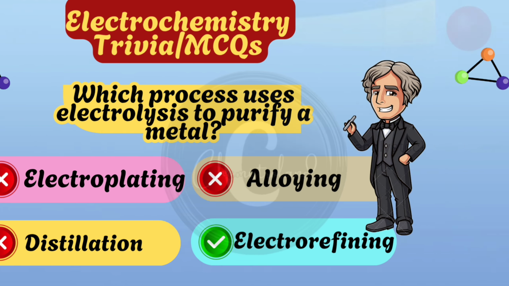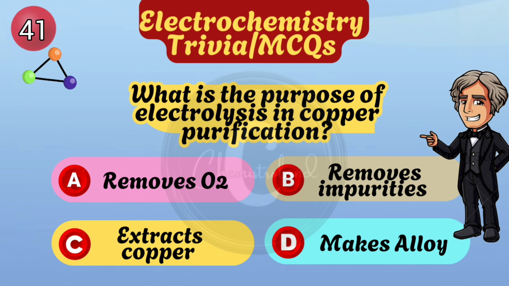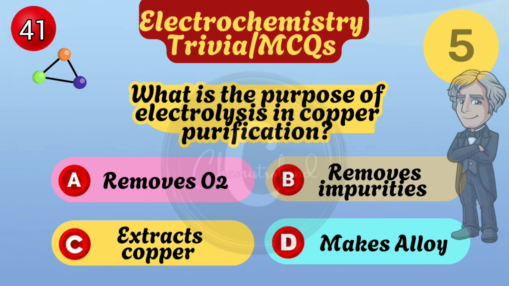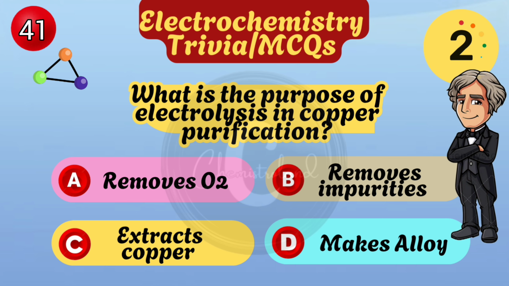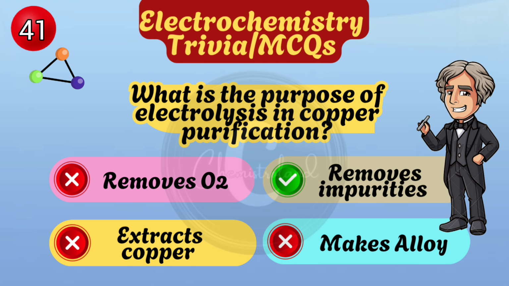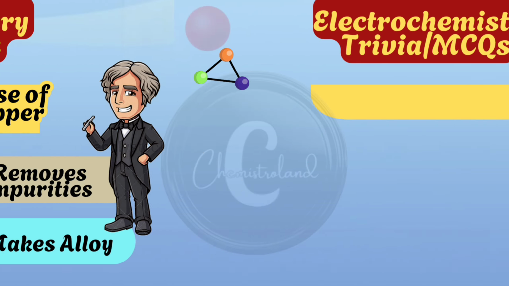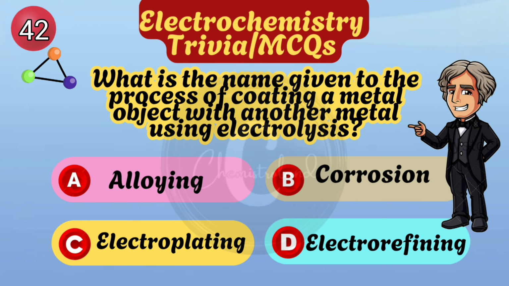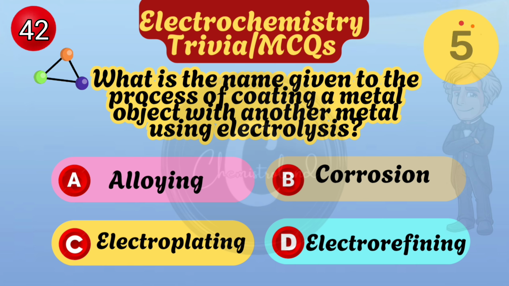Electrorefining. What is the purpose of electrolysis in copper purification? It removes impurities. What is the name given to the process of coating a metal object with another metal using electrolysis?